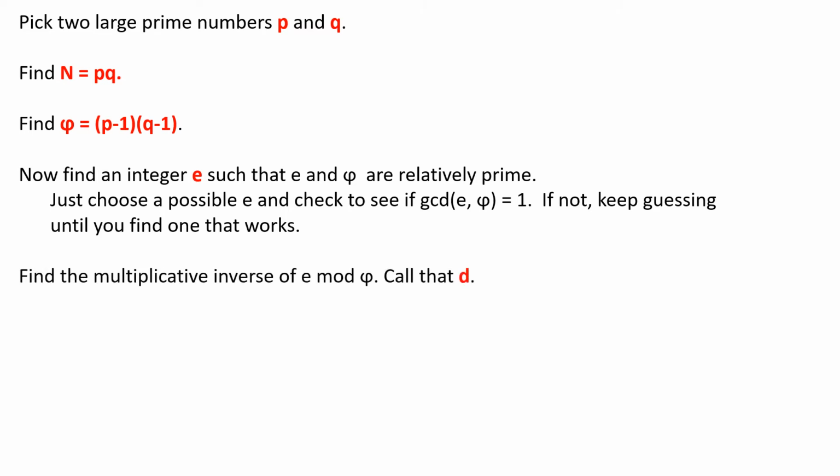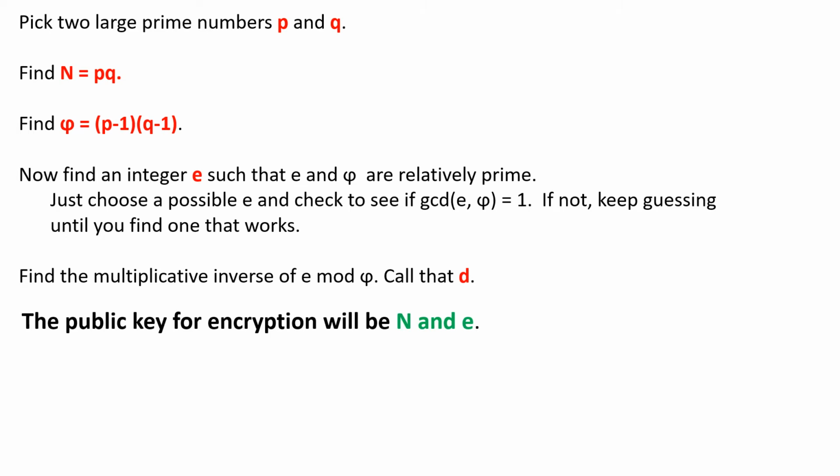Okay, now that we know E and phi, we're going to find the multiplicative inverse of E mod phi, and we'll call that D. Then the public key for encryption will be the N and the E. That's what everyone can get if they want to correspond with Bob.